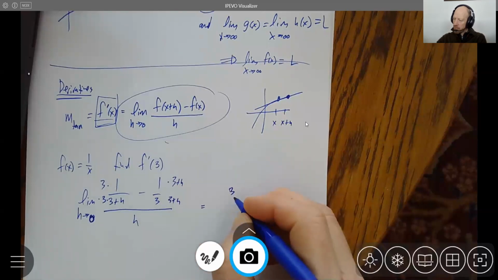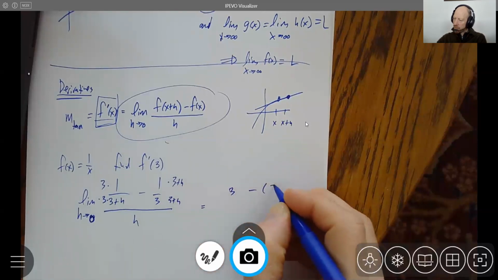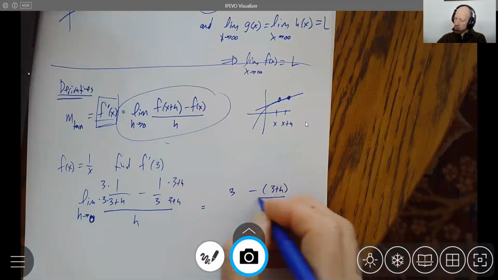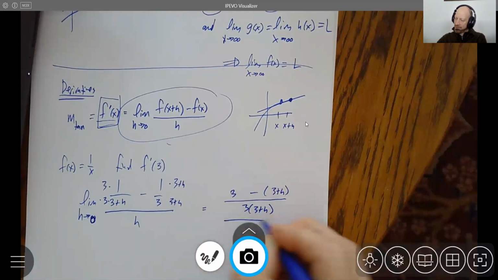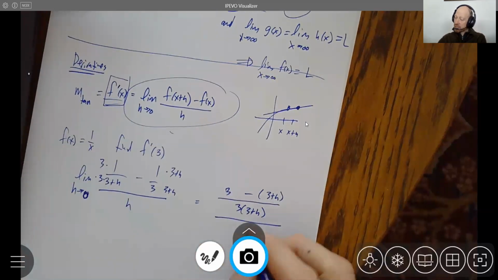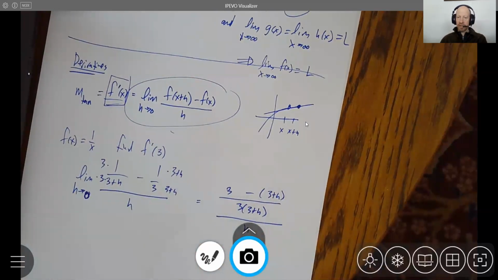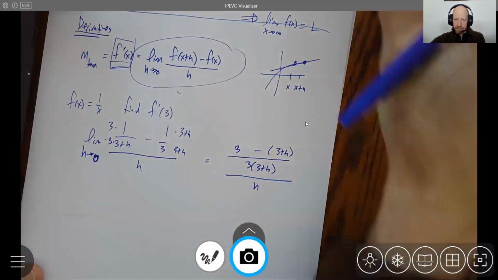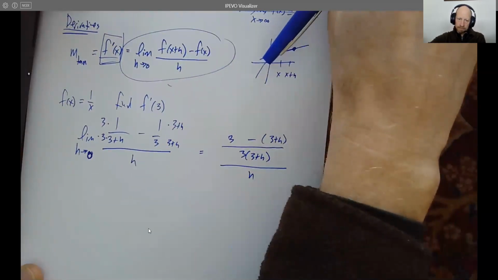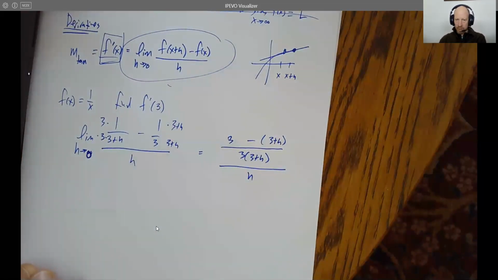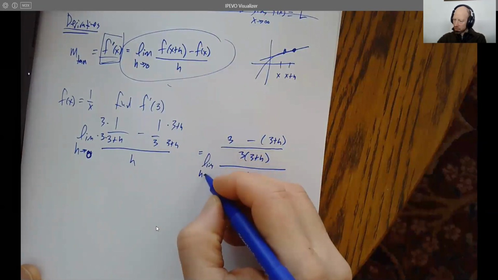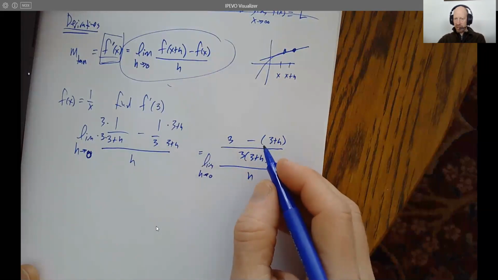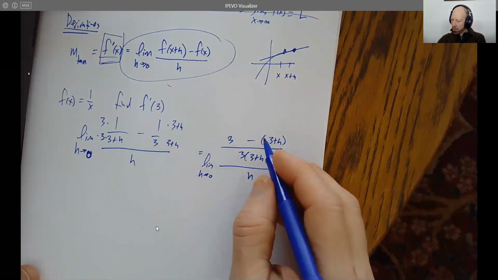That's going to be 3 minus 3 plus h, all over 3 plus h, all over h. Okay. And of course, still the limit as h goes to 0. But I'm just focused on the algebra part here, not the limit yet.